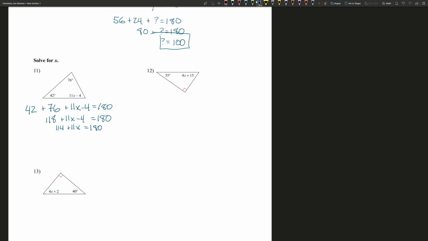So 114 plus 11x is equal to 180. If we subtract 114 from both sides, we get 11x is equal to 66. And then if we divide by 11 on both sides, we get x is just equal to 6.